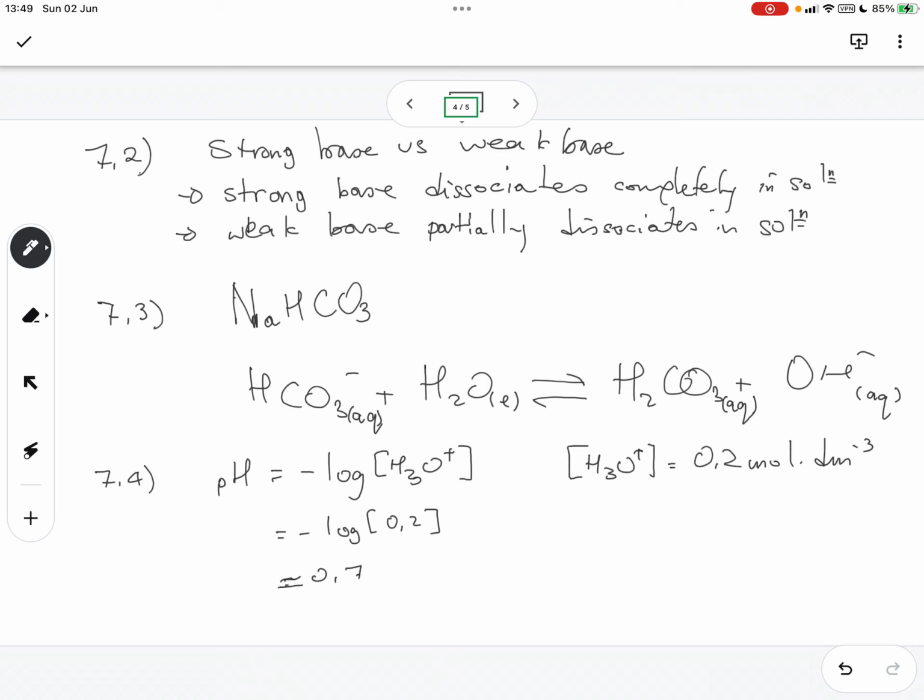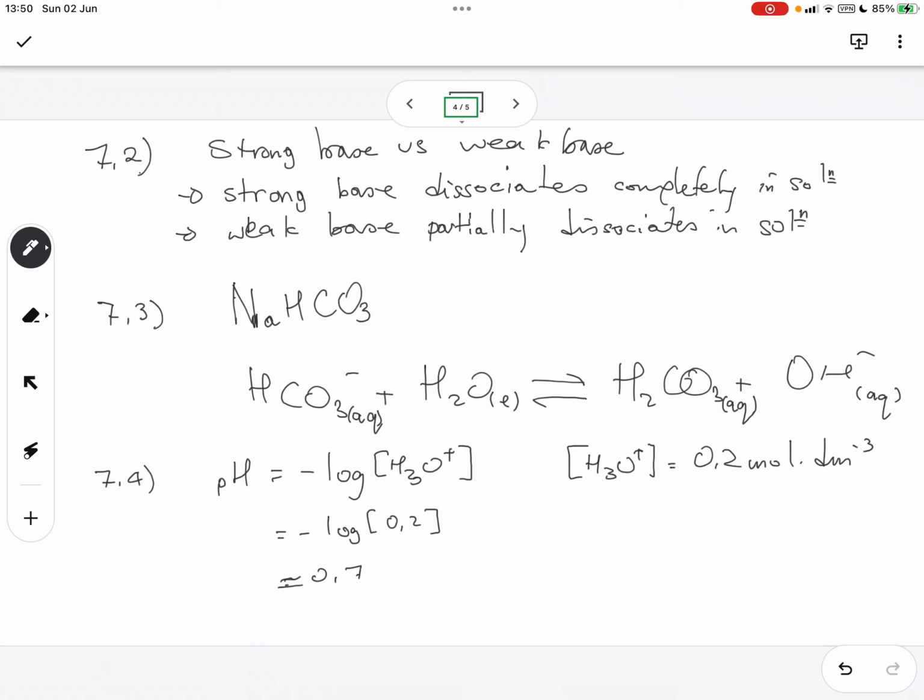So negative log of 0.2, and that gives us 0.7, give or take. That's the pH, ne? So that means it's a very, very strong acid, right? Very strong acid with a weak salt.